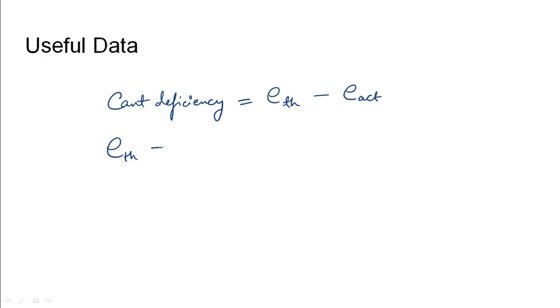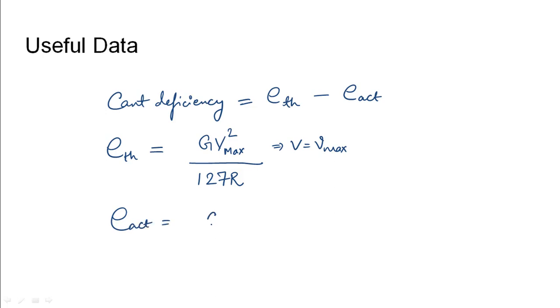For theoretical superelevation, we use the maximum speed, and the equation is G V square by 127R, where V is Vmax. And for finding the actual superelevation, we use the same equation, but here we use the equilibrium speed.